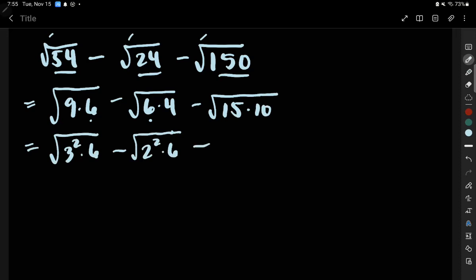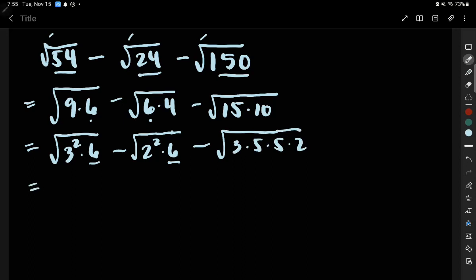And here, what we want is to retain the 6 so that it's all 6. We will just break it further so we can see the 6 later. So 15 is 3 times 5, and 10 is 5 times 2.